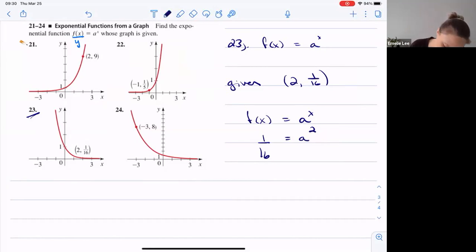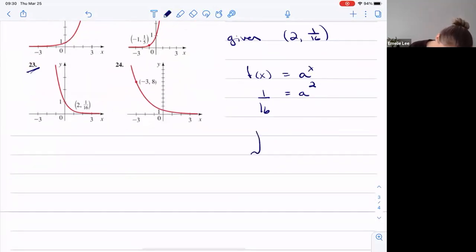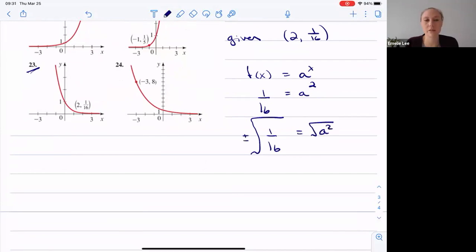And so we can take the square root of both sides, which is the square root of a squared, but we actually need the plus minus version of it. As soon as you take a square root of a square, you get a positive and a negative. Now, we do have that condition that a has to be greater than 0. So we're only going to look at the positive one. If you forget it, it's fine in this case, but in general, it's something that we have to remember.